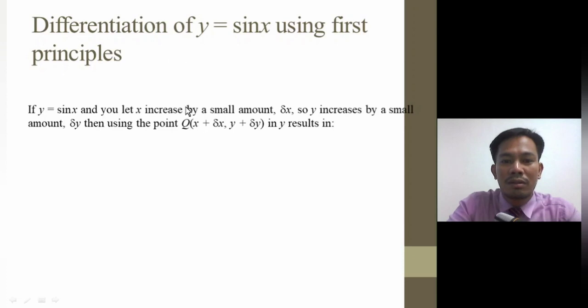Thus, point Q will be x plus increment of x, comma, y plus increment of y.